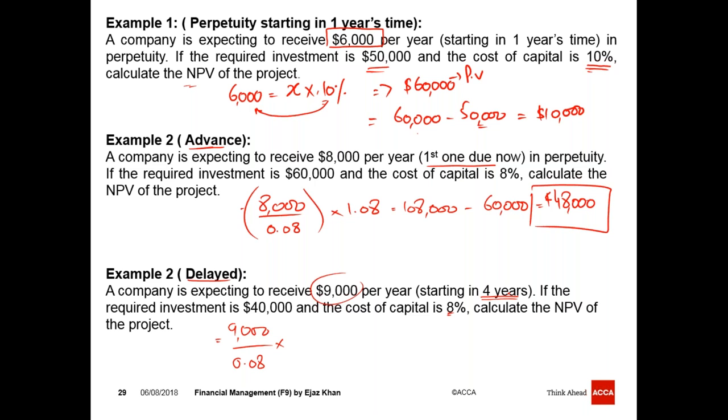So for how many years has it been delayed? May I know the number of years delayed? Yes, it's 3 years. Because it was supposed to start from year 1, but it is starting from year 4. So there is a 3 years delay. So at 8%, may I know the third year's discount factor?